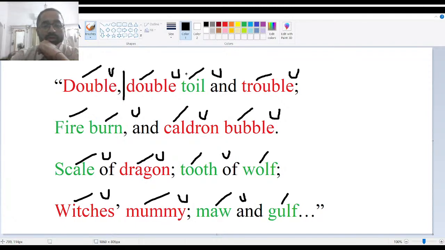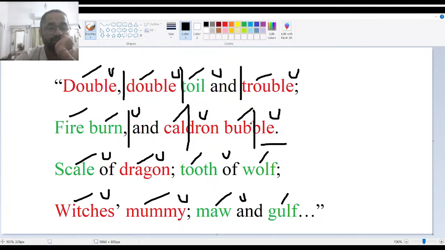Let's divide the metrical structure. Double, toil and trouble. Fire, burn and cauldron, bubble. So we have a couple of iambs here, but there seems to be a problem, because you cannot really have a hypermetrical syllable at the end of a trochaic line.